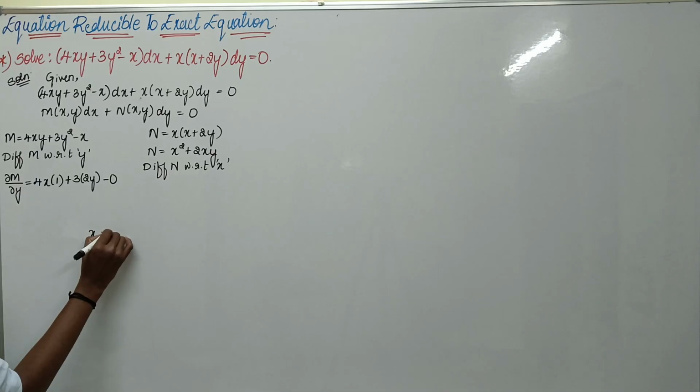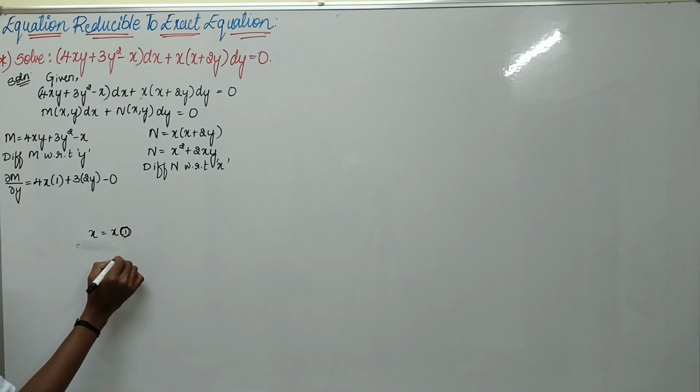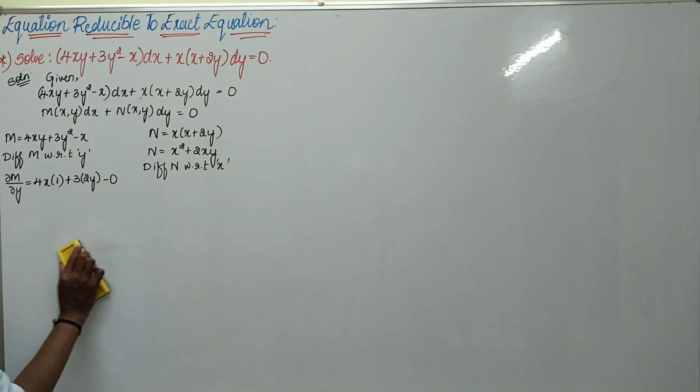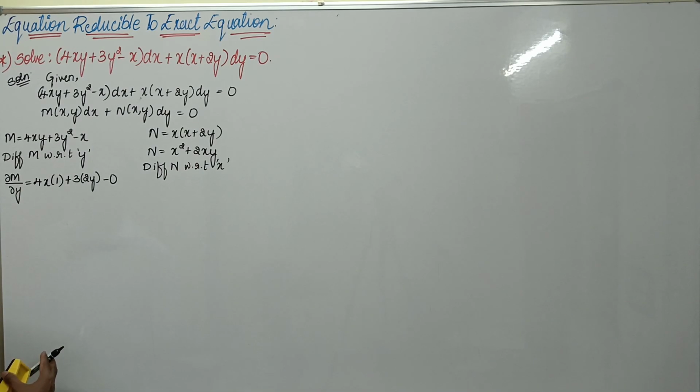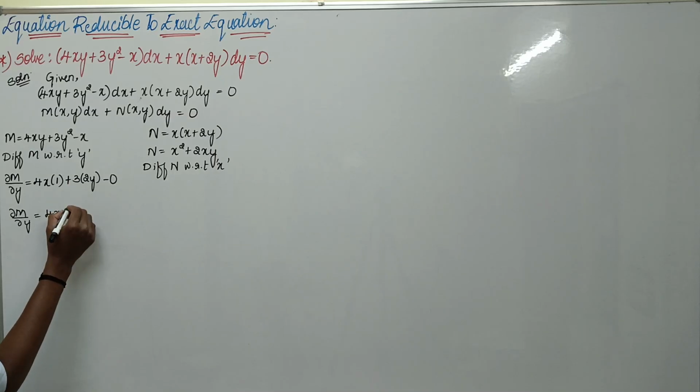How? x can be written as x into 1, and differentiation of any constant with respect to any variable is 0. Anything multiplied by 0 is 0. Now ∂M/∂y equals 4x plus 3 times 2y, that is 6y.